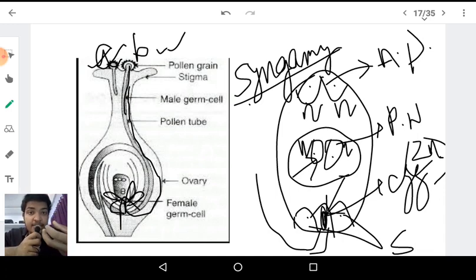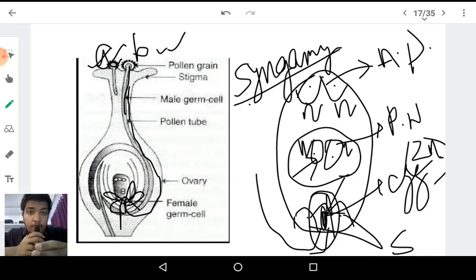That results in the formation of a triploid cell. A diploid cell plus a haploid cell on combination will form a triploid cell, which has a ploidy of 3N. And the egg, which was haploid, now fuses with another sperm, which is again haploid, and that results in the formation of a diploid zygote.